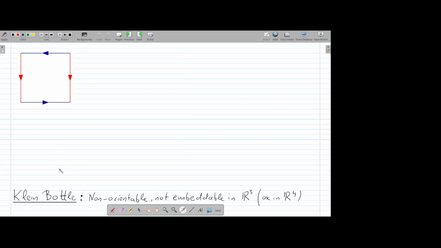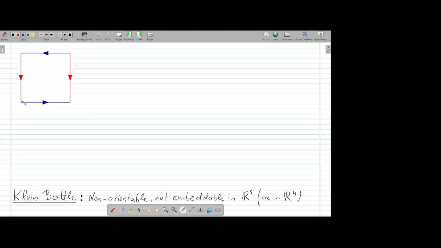Another example that is similar to the torus is obtained by doing the identification in a slightly different way. So consider again a rectangle and identify those two sides as we have already done for the cylinder and the torus. So by identifying this and that, we obtain a cylinder.